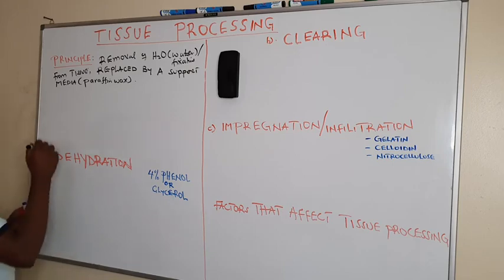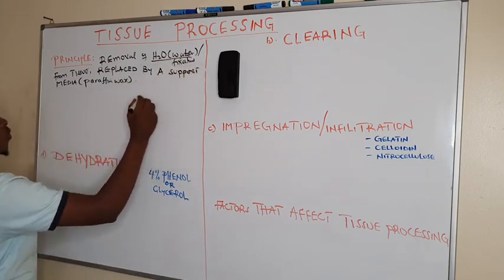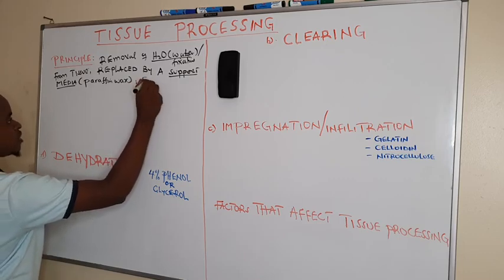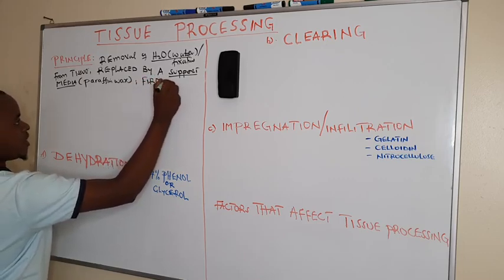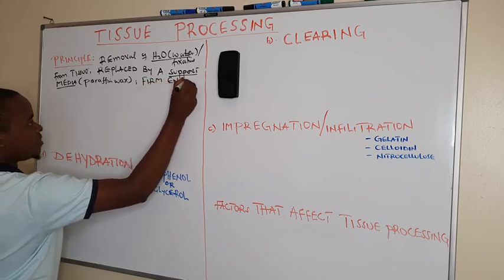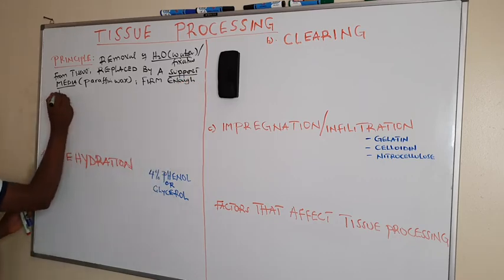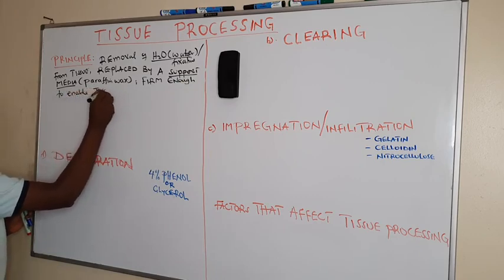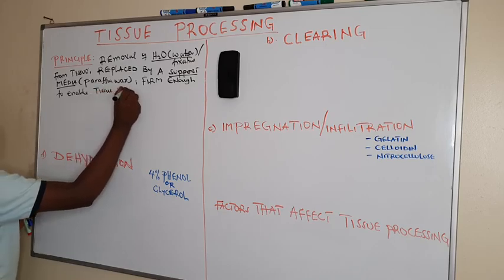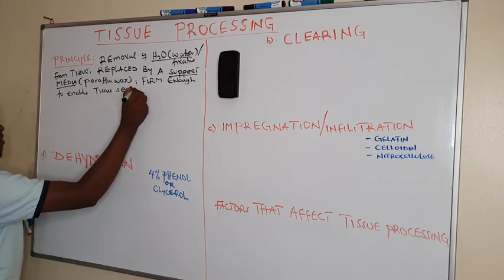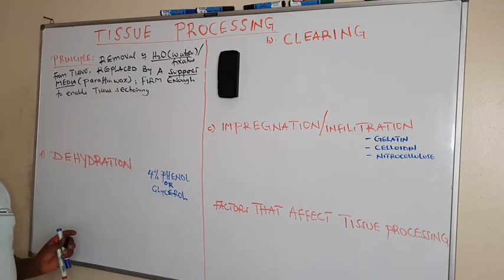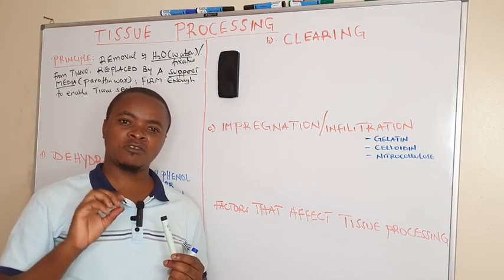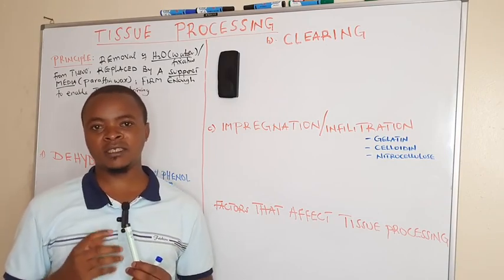So the aim of replacing water with a support media, which is firm, this support media should be firm enough to enable tissue sectioning, but at the same time, as we are making this tissue firm, it should be soft enough to enable the microtomy knife to cut it easily.